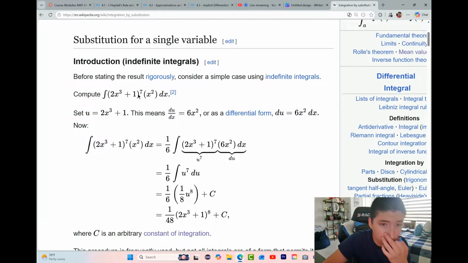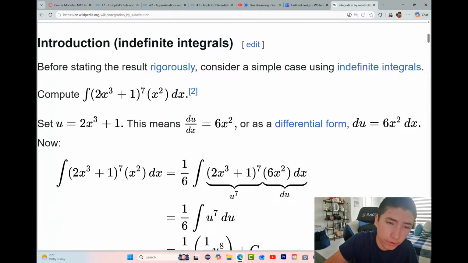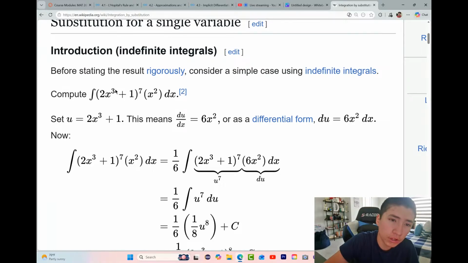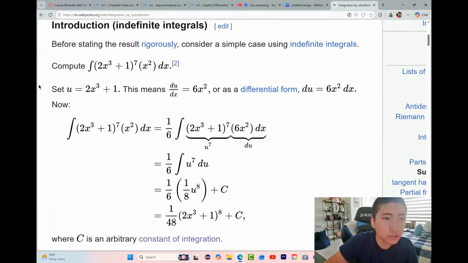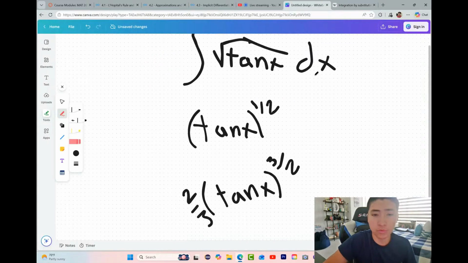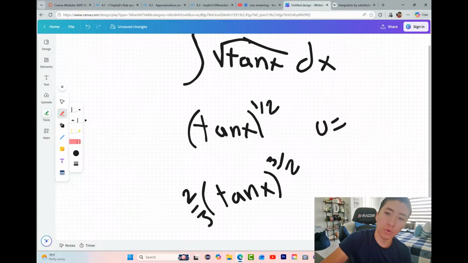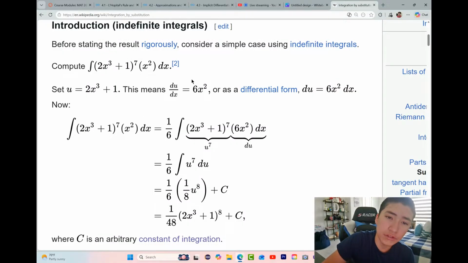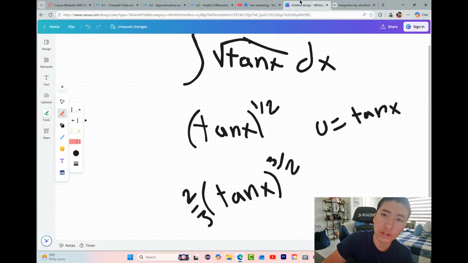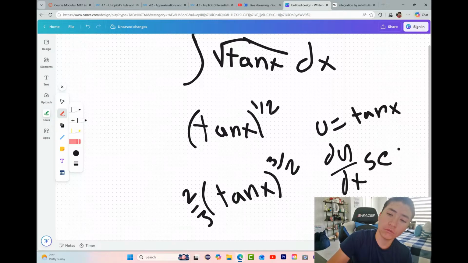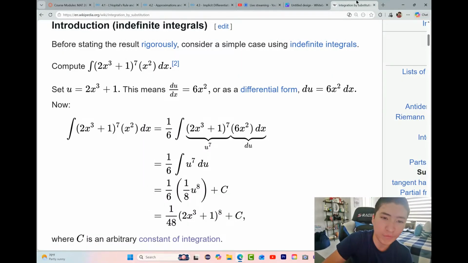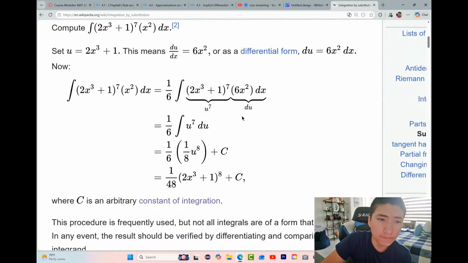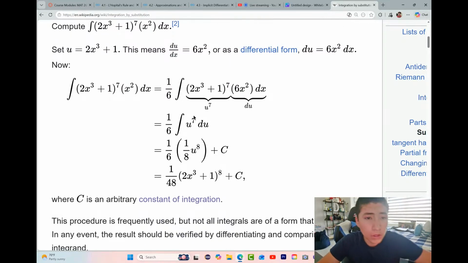So if we were to apply the derivative, we would need the chain rule because we have a composition of functions. So set u to 2x to the power of 3 plus 1. Here we'd have u equals tangent of x. This means du dx equals 6. Okay, so then du dx would be secant squared of x. Now, oh, hold on.